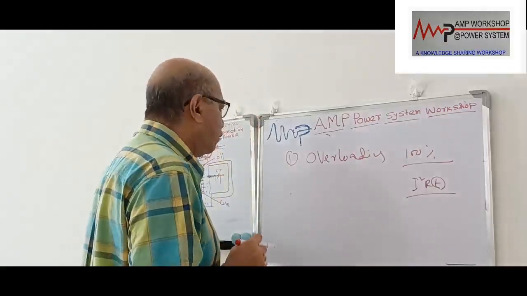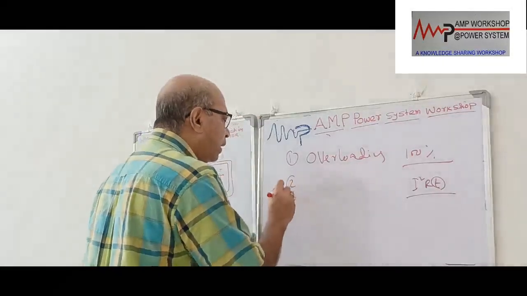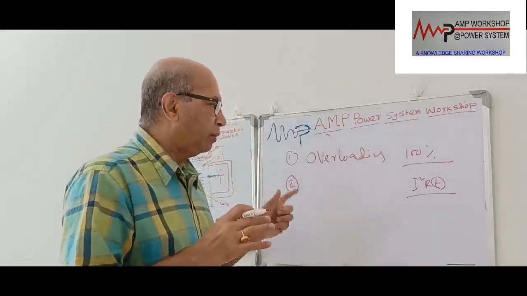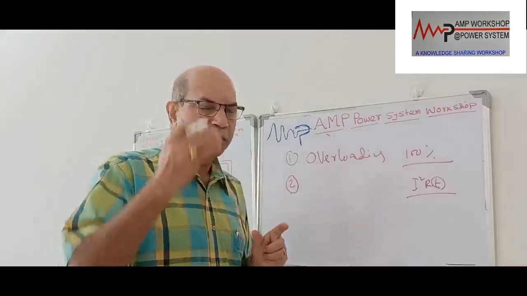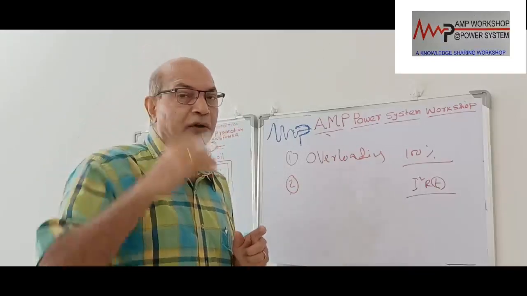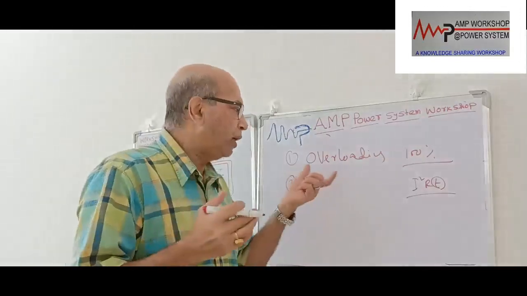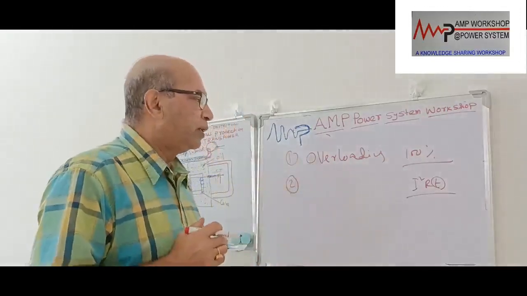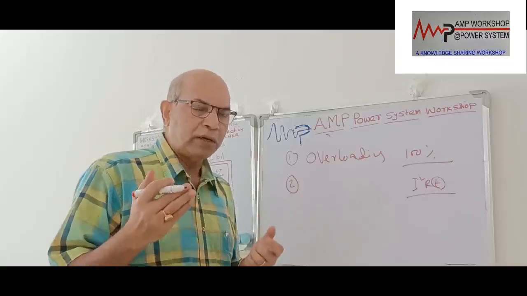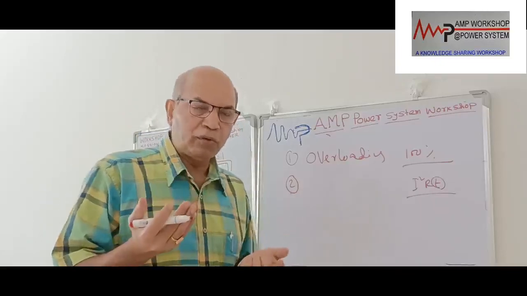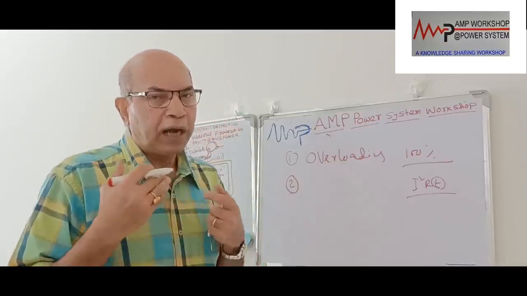The second point is, we are now discussing external service conditions which can cause failure. Depending on the loading, it can fail if you go overload. Secondly, if the transformer works on high voltage continuously, that could be power frequency over voltage or lightning over voltage.